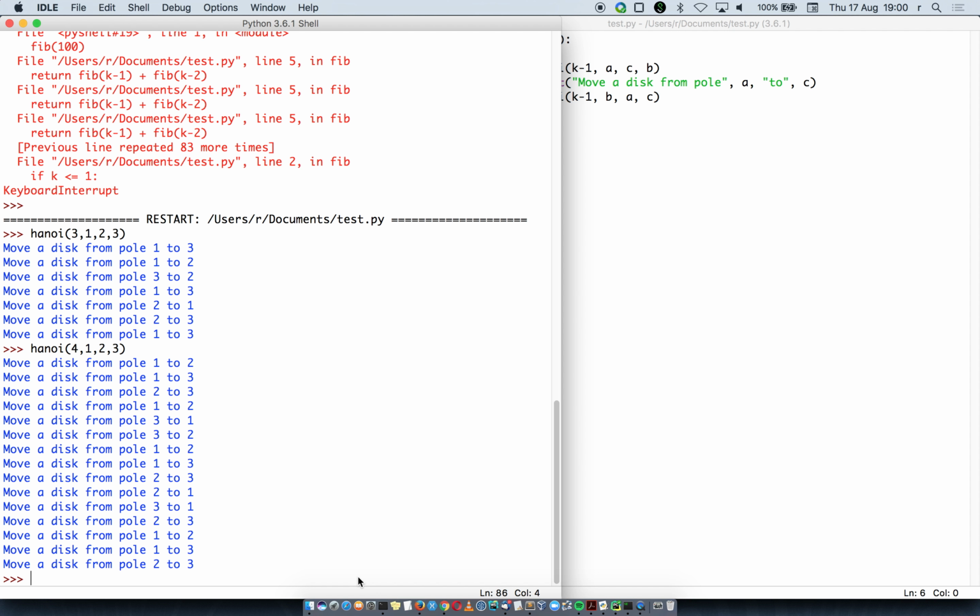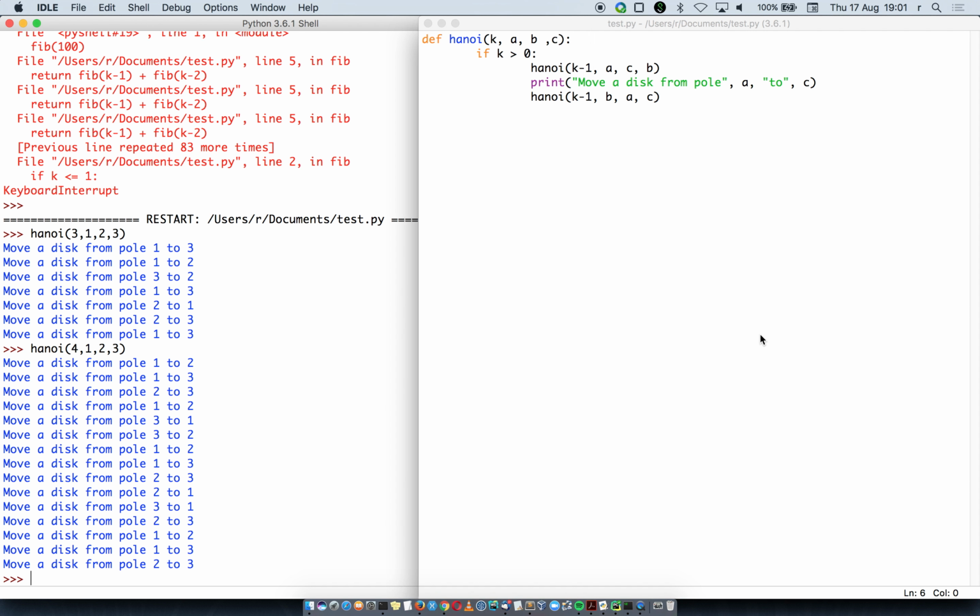Could you estimate how many moves there would be? There would be 15, which as a formula would be 7 plus 7 plus 1. So for 3 disks, we have 7 moves. For 4 disks, we have 15 moves.